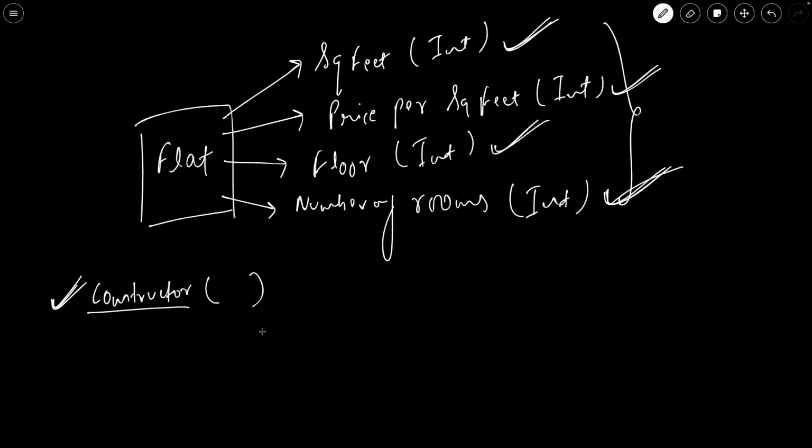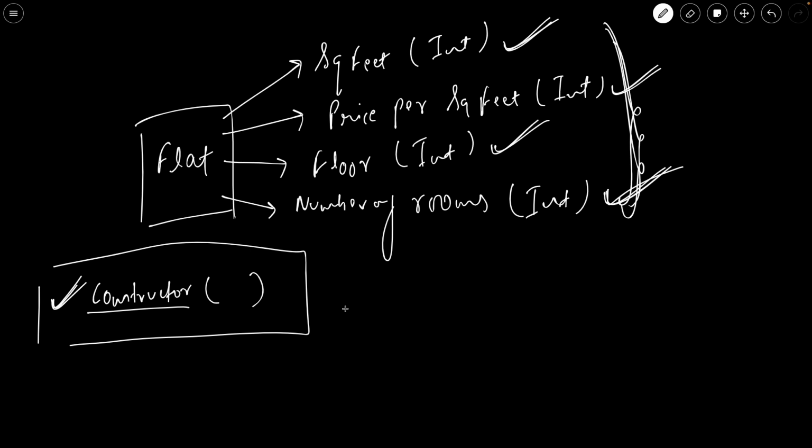And the next task is, okay, creating the fields is the first task. Creating the constructor is the task after that. And then the final task is you have to create a few methods, and one of them will return the price of the flat.